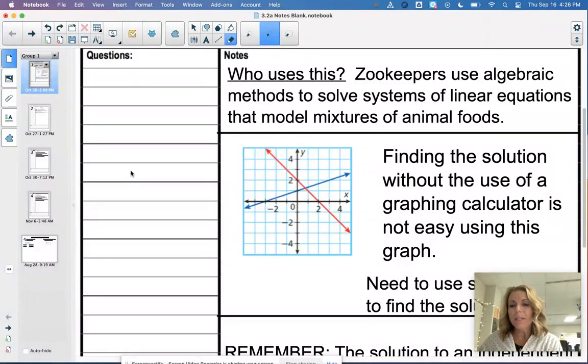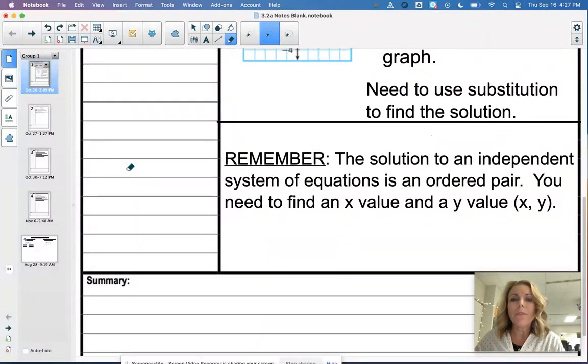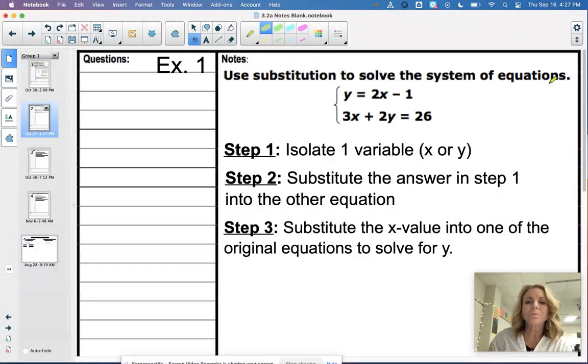And when that happens, using a graph is harder to find the solution. So we have to use this method, which is called substitution. Remember, the solution to an independent system of equations is an ordered pair. You need to find an x value and a y value.